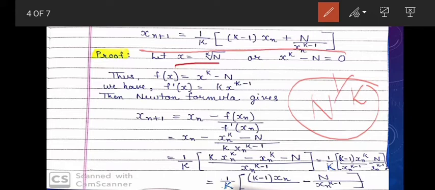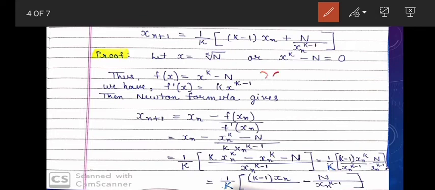Here x is this. So on both sides I have taken power 1 by k, so we can write it as x equal to n to the power 1 by k. After taking power k on both sides, the k and the 1 by k cancel out, and it becomes x to the power k equal to n.